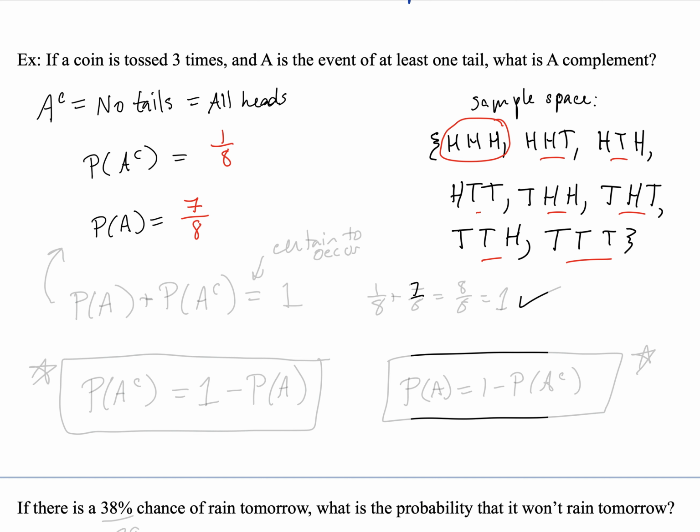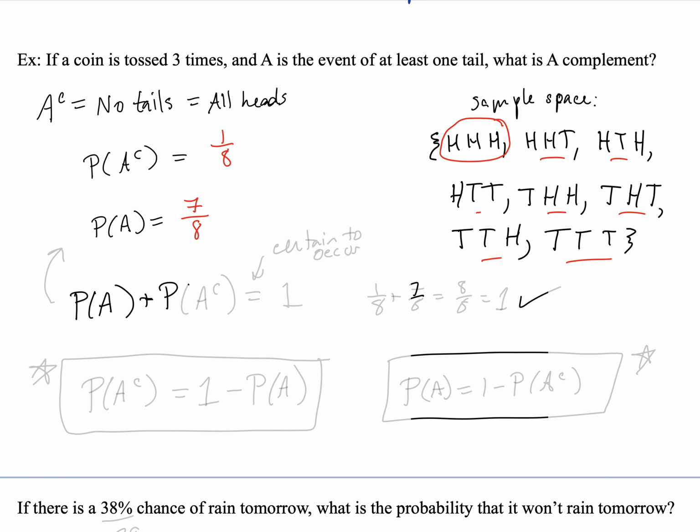We were also asked to figure out if there was some relationship in general between the probability of A complement and the probability of A. Note that if we have an experiment, then either A or A complement will occur.